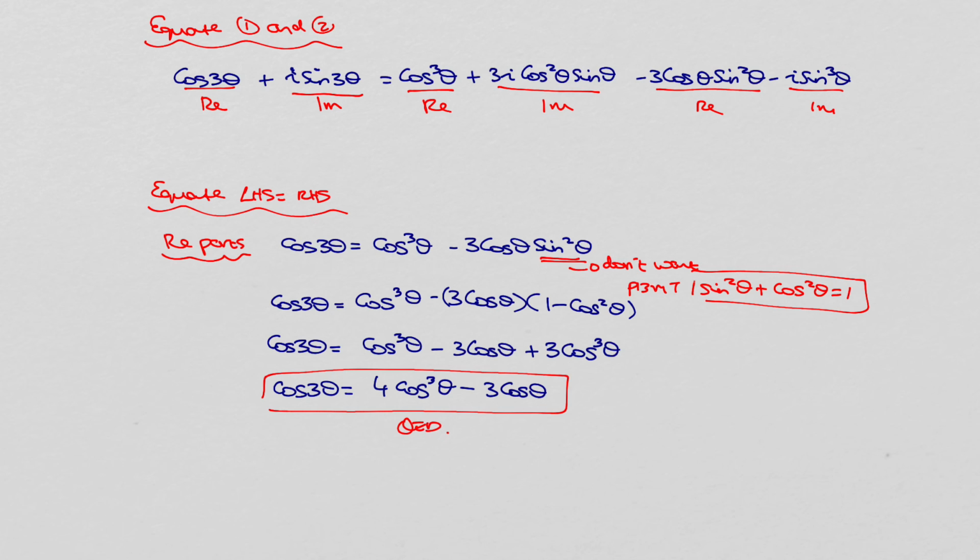So if you pause the video, see if you can do the same for the imaginary parts. Of course we don't need to put in the i's. We're looking at the coefficients of the i's, which must be equal on the left and the right.